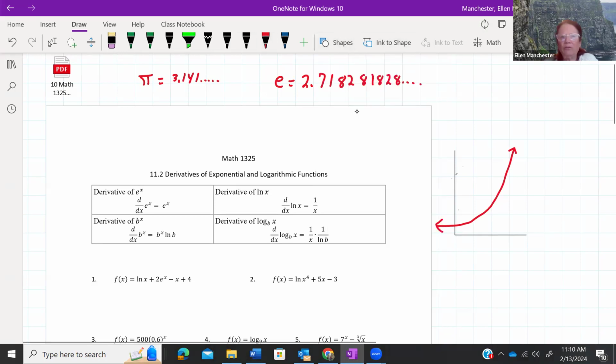If I were to put a tangent line on this function and move it along my e function, what you would see is that my slope actually follows my graph. It's the exact same shape as my graph.